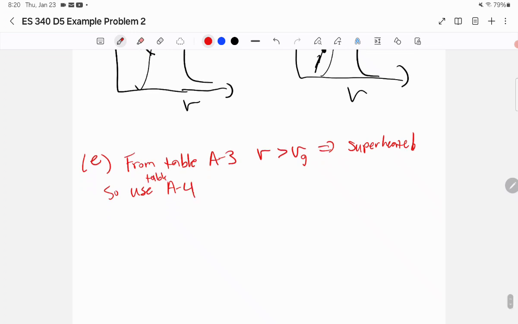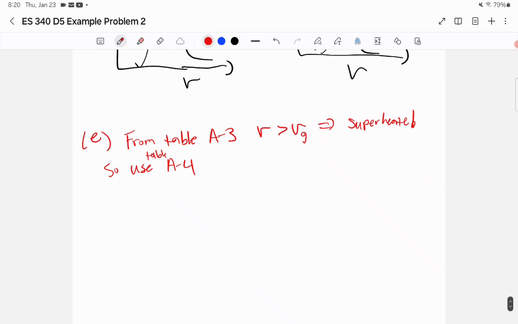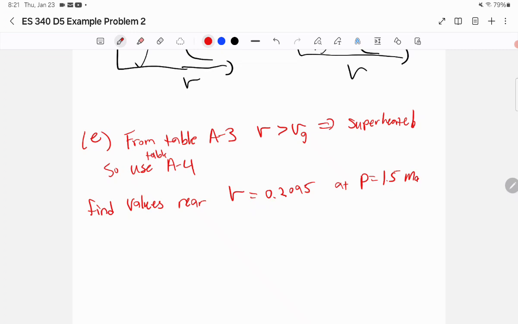Okay, but when we go to table A4, again, we find, unfortunately, that we don't have the exact value. So we're going to want to go around this, find values near V equal to 0.2095 at P equal to 1.5 megapascals.